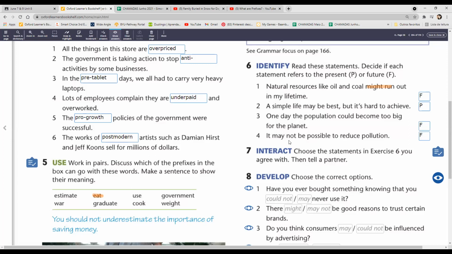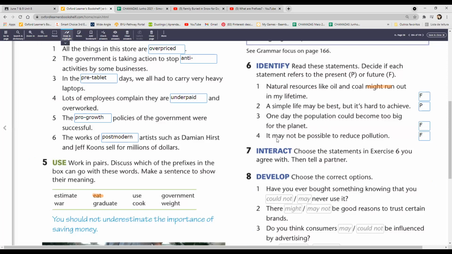That's a very good way to understand the difference. Excellent. If you're talking about the present, you could use the simple present and that's it. Here, we're giving an idea of future possibility, okay? It might not. So yeah, future.